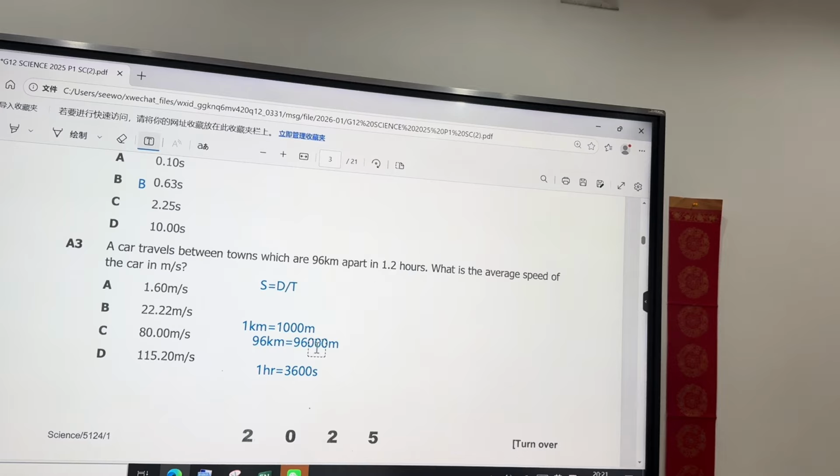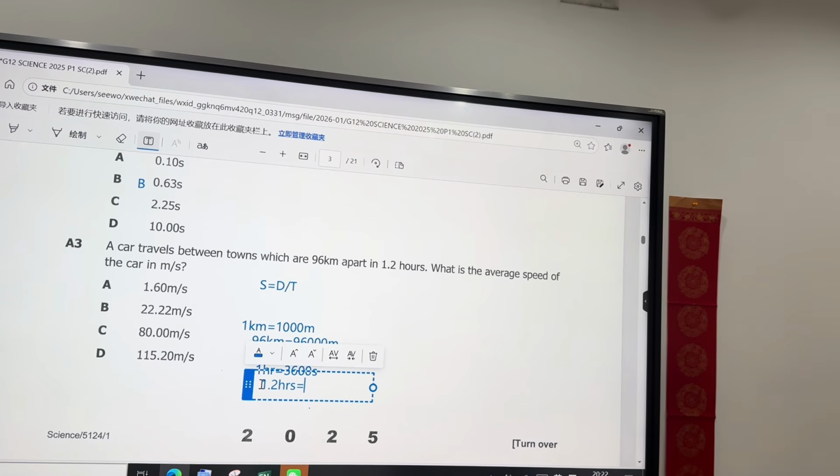How about 1.2 hours? So you can use your calculator here. Let me just grab my calculator. Okay, so for 1.2 hours, you cross multiply.